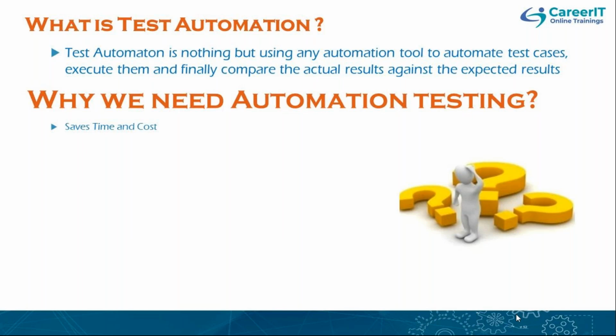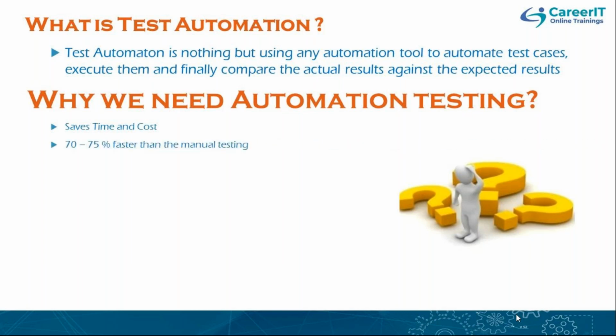Yes, you can keep one or two manual testing team members, and you can replace others with one or two automation engineers. Even once automation is done, only one resource is required for running the test cases, fixing them and doing other enhancements. That's where cost-wise also you can save a lot.